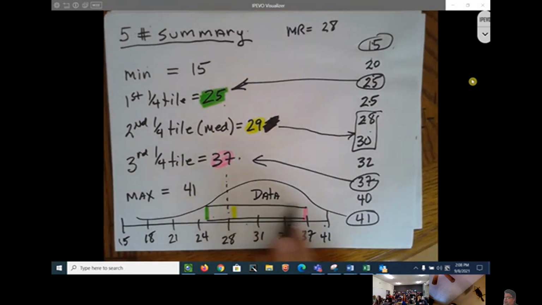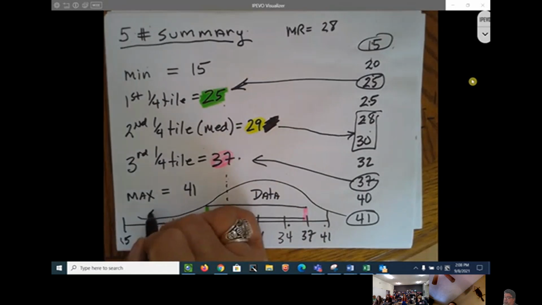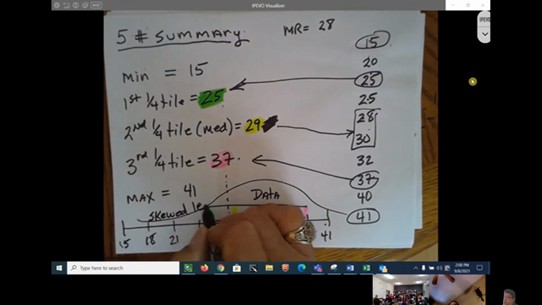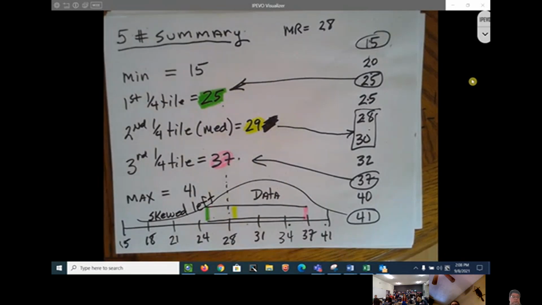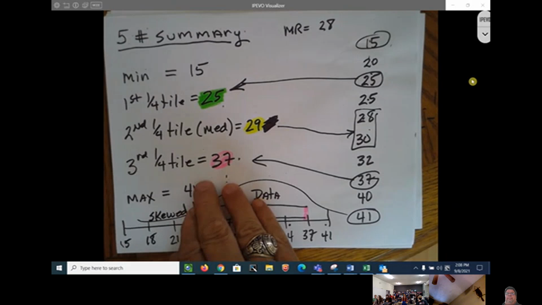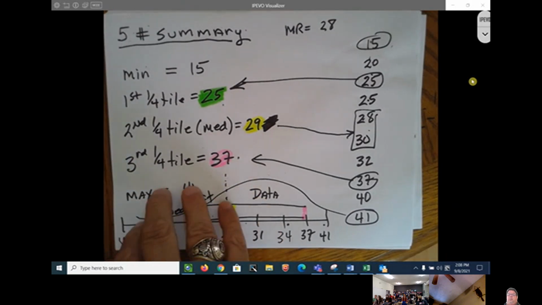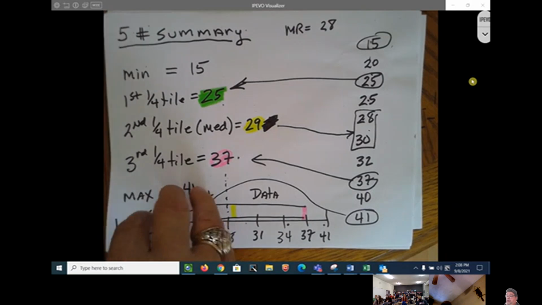So if most of your data is on the right, skewed left. Okay. So that's what we went over Monday. Everybody good? Yes, sir. All right, now Z-scores.